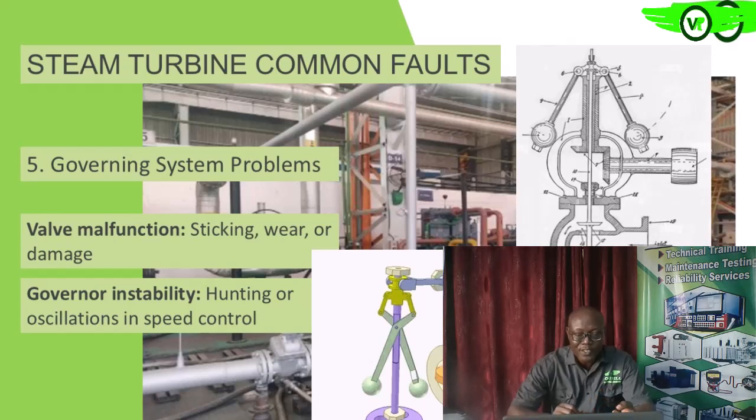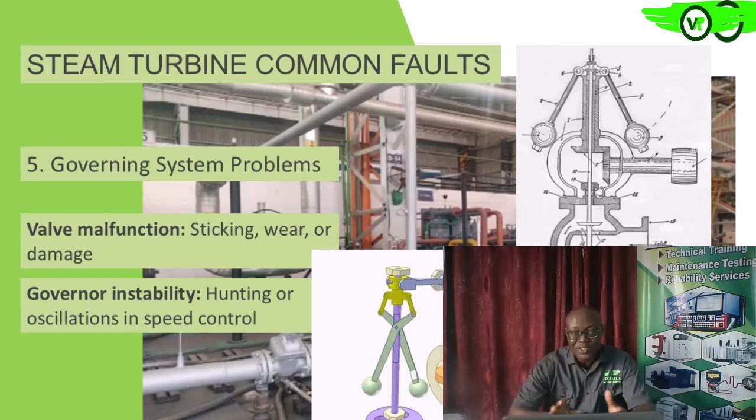So if the gain or droop settings are not properly set, the governor control can overcorrect and lead to unnecessary oscillation of the governing system. If the governor is too sensitive, it will react excessively to minor speed variations.